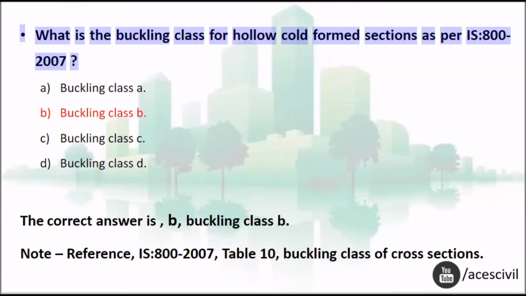What is the buckling class for hollow cold-formed sections as per IS 800:2007?